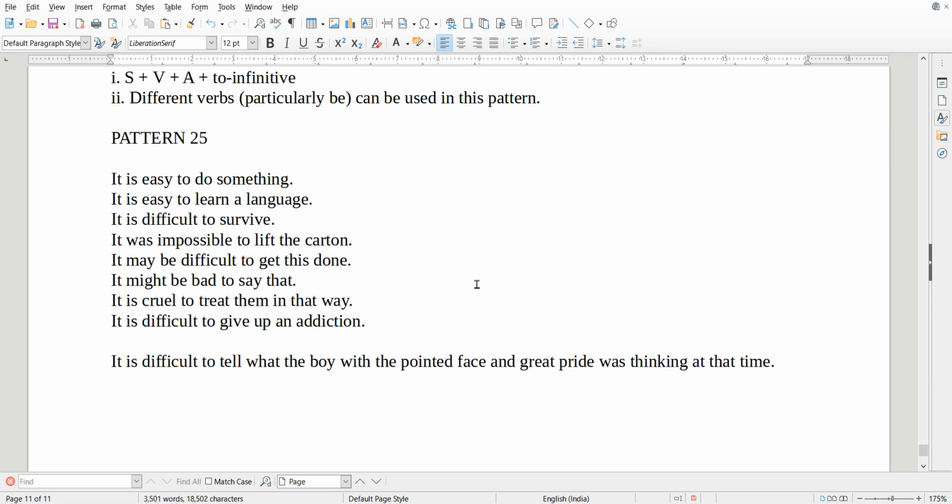So the structure is it be adjective to infinitive, etc. It says to infinitive, etc. But yes, it can be as long as you want, or as short as you want. The verb be is the verb.